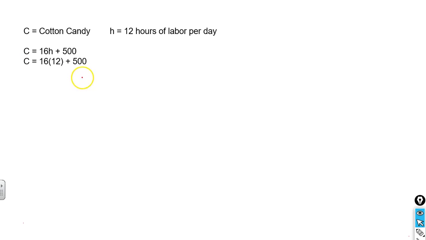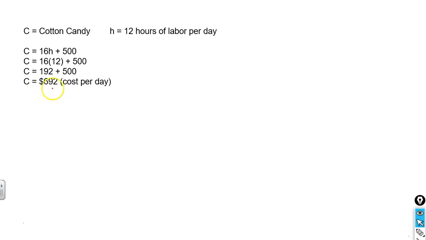So what we're going to look at is how much it would cost to run the booth for the entire 12 hours. So we're going to substitute in the 12 hours for H, and then we're going to simplify. And what we find is the total cost per day to operate the cotton candy booth is $692.